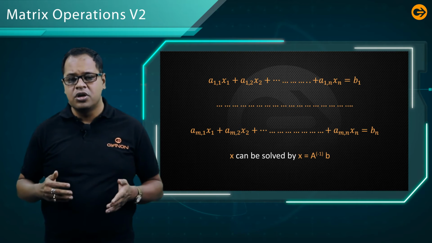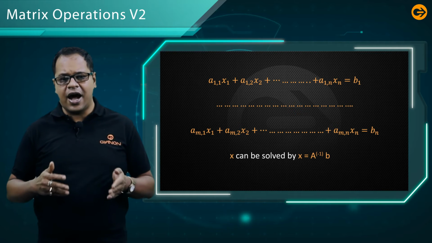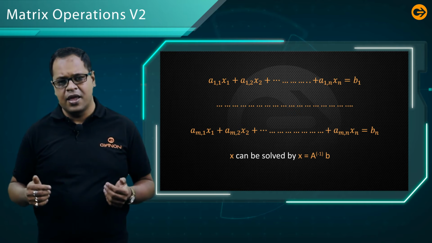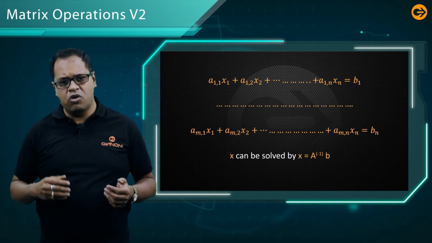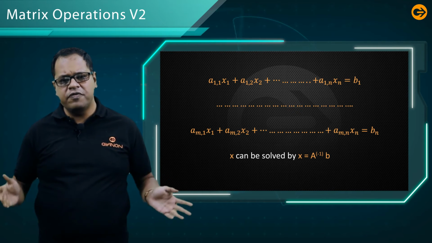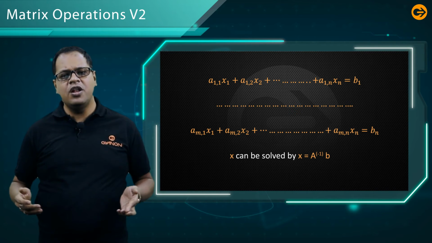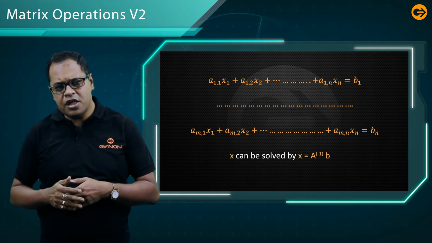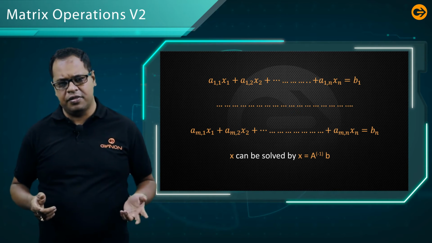X can be solved by x is equal to A inverse B, where x is a collection of all the x suffix i, and capital A is a matrix of the coefficients. That means the collection of all the coefficients of the x in the equations. And what will be the B? B will be the right side of the equation. So in this way, you can find the solution of the unknown variable x.